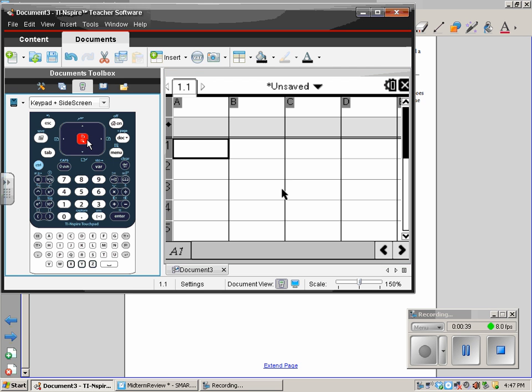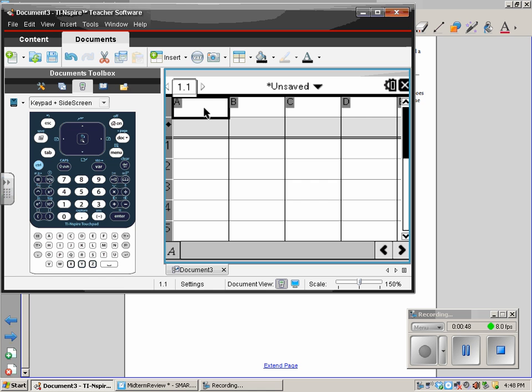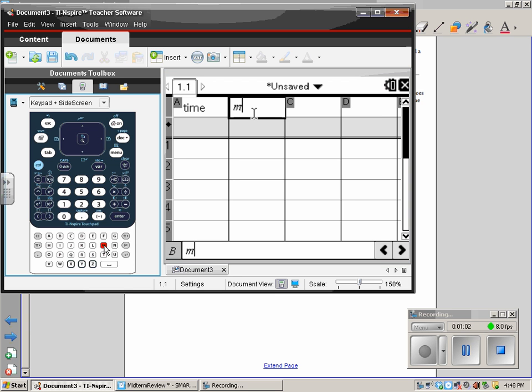We're looking at two variables, the first being time in hours since noon, so let's call that time, and the second is money left. So I'm going to go with just money.